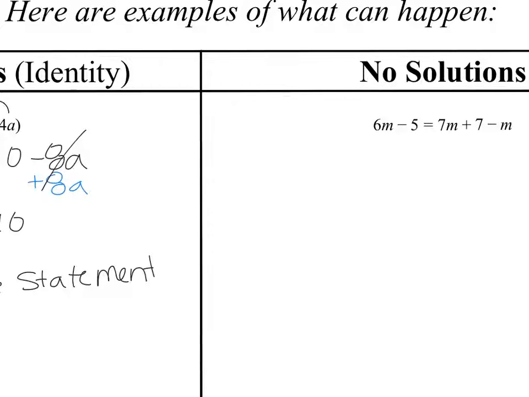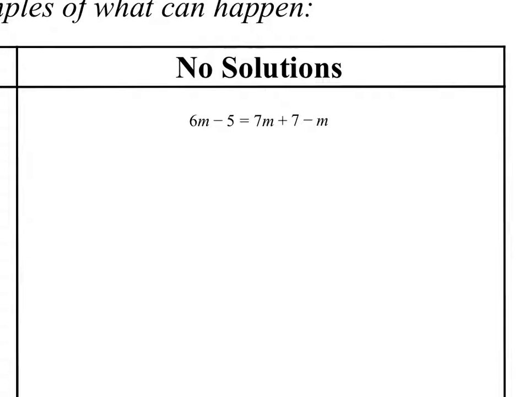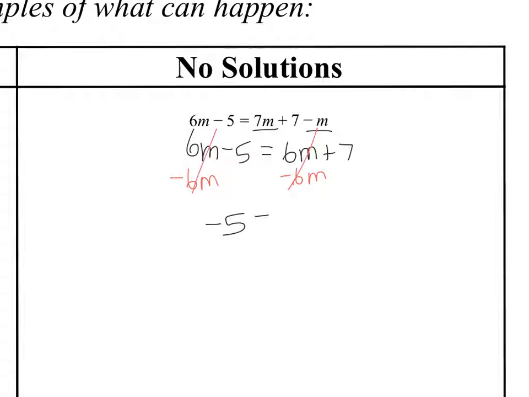Just like you can have infinite solution, you can have no solution. So I'm going to go on and simplify the right hand side. So you have 6m plus 7. Then I'm going to get my variables on one side. This cancels out, this cancels out. So I'm left with negative 5 equals 7.